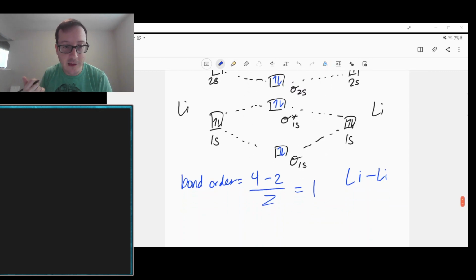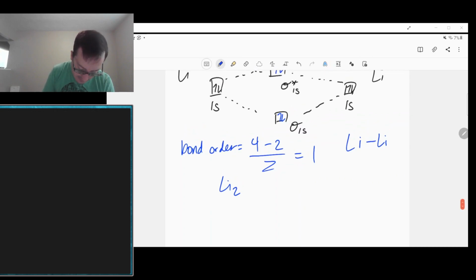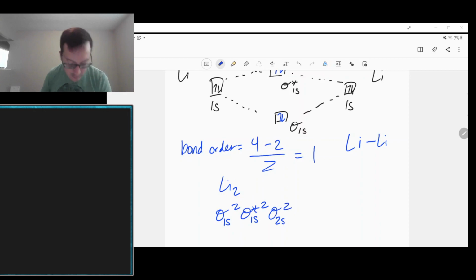Remember how we talked about atomic orbitals, 1s2, 2s2, 2p6, all that fun stuff? We can do the same thing for molecules. So for Li2, we would say it's sigma 1s2, sigma star 1s2, sigma 2s2. That would be the configuration for this.